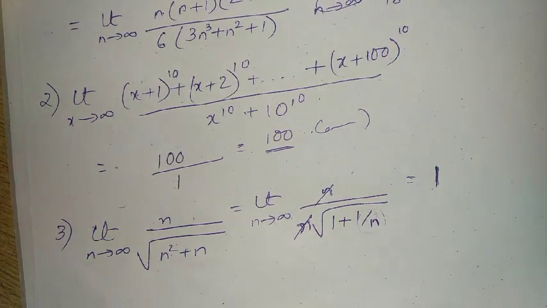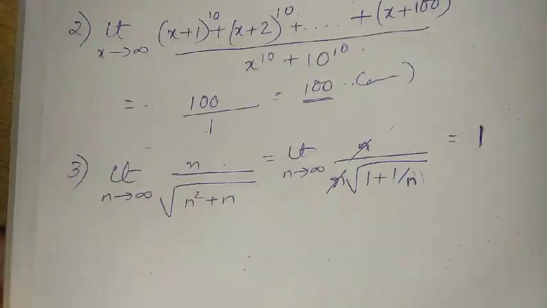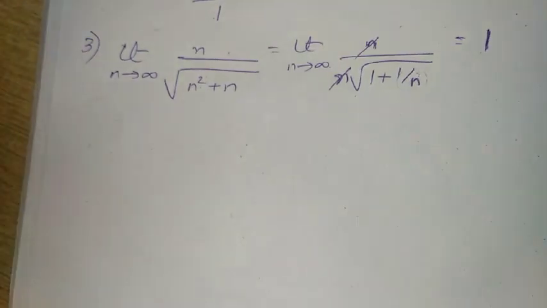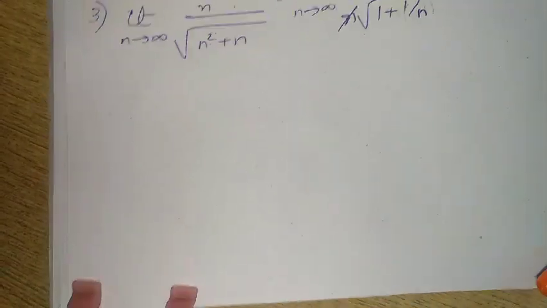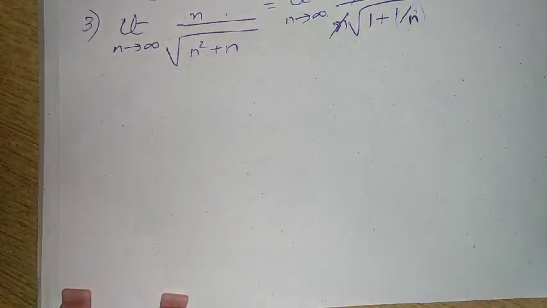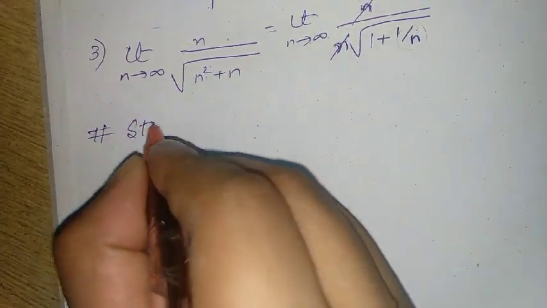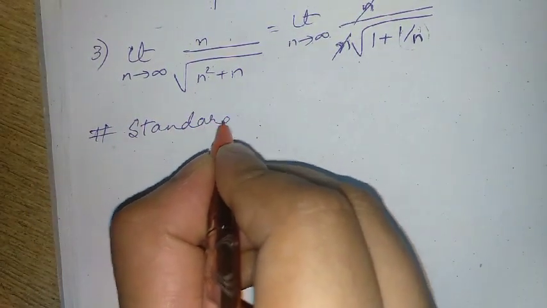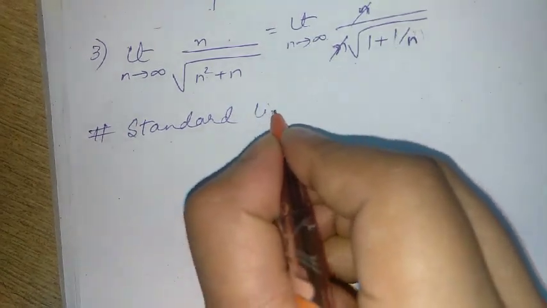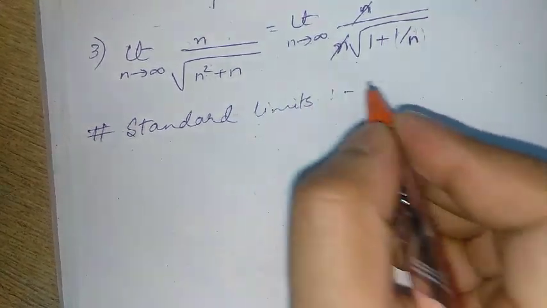Okay, so after this we are going on to do some standard limits. The next topic is standard limits. These standard limits have to be memorized, because they will be used a lot.